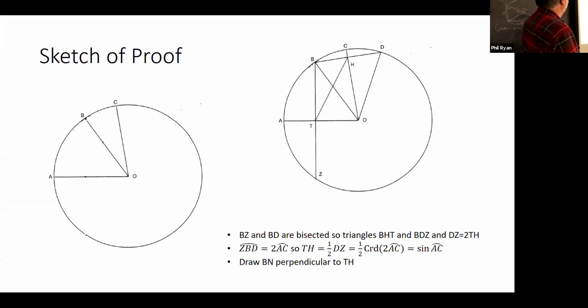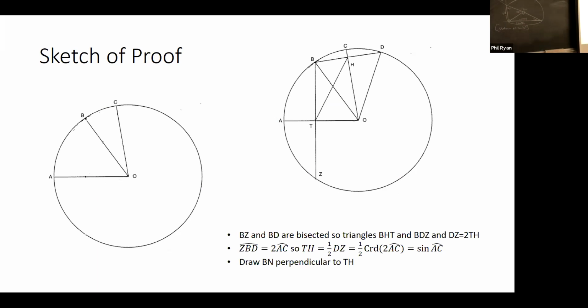So you want to figure out what sine of this plus this is. Okay, so what you do then is we drop down this here so that it's perpendicular to here, over here.